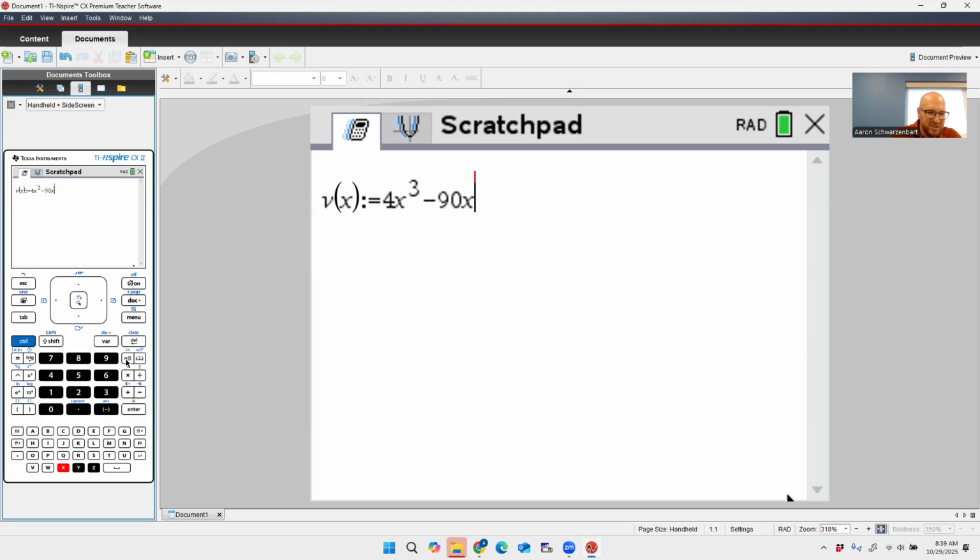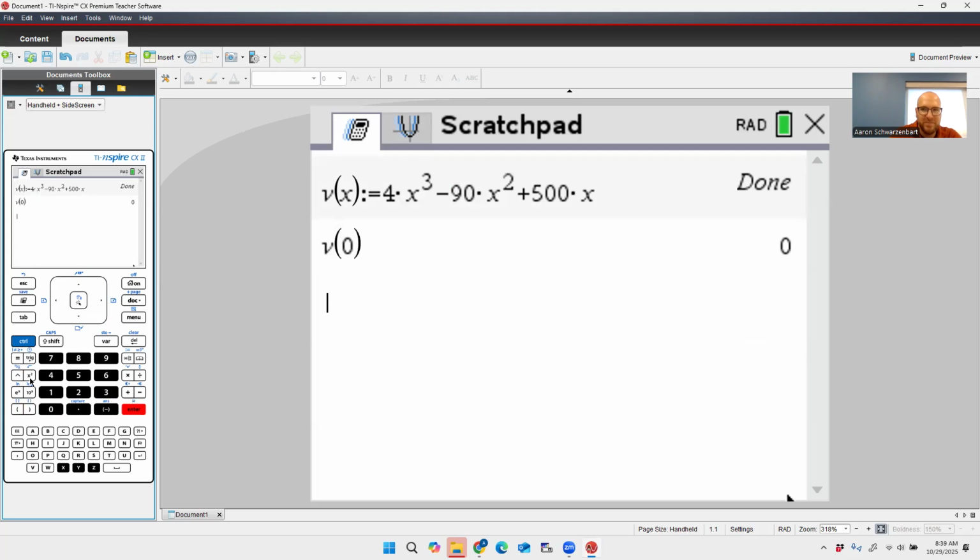You could also just enter this into a graph if you wanted, but then it'd be F1. So now I've done that. Now I can just use function notation to get my answers, like we've been doing this the entire time.